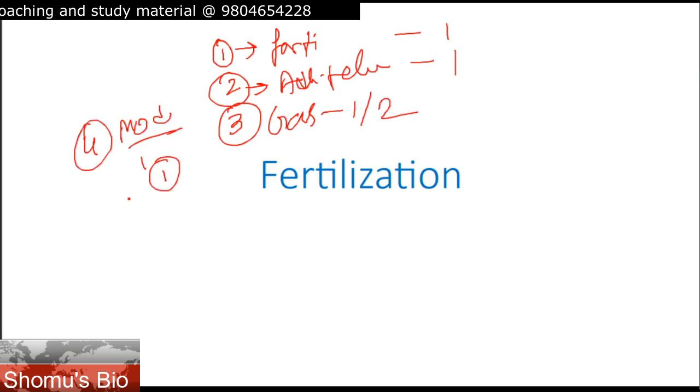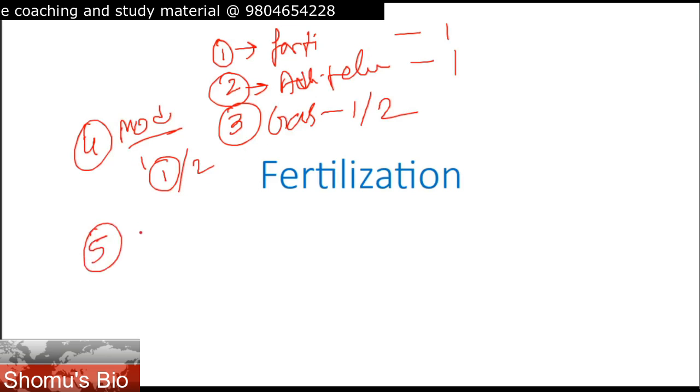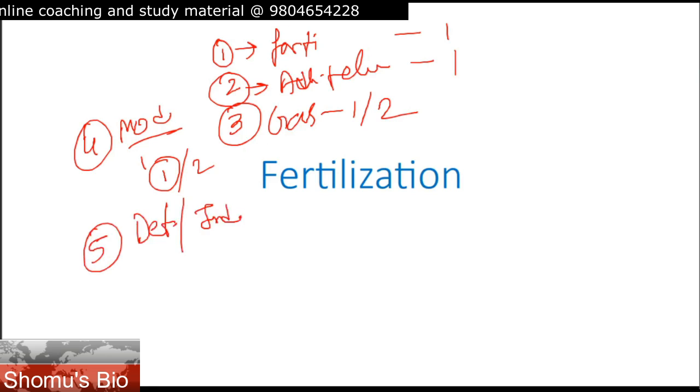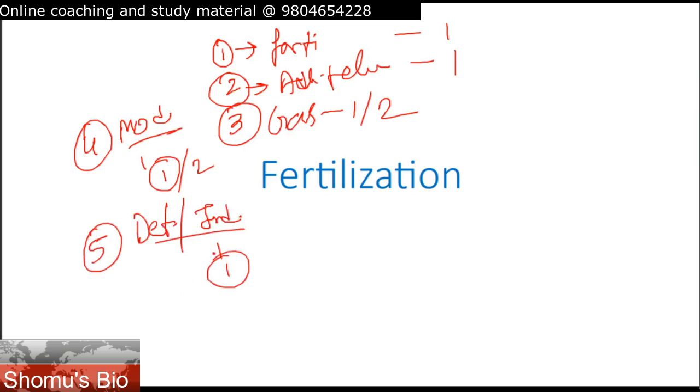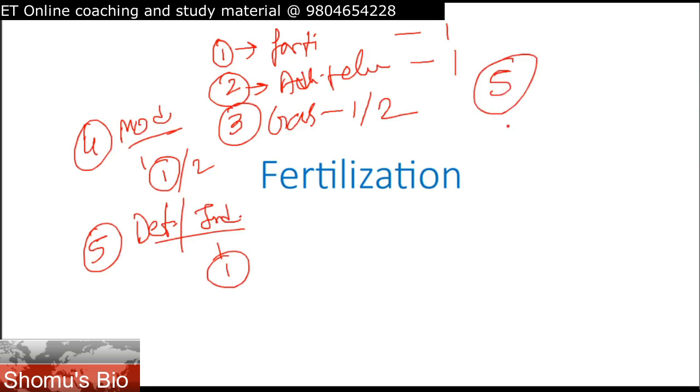You can also get a question from the determination process or induction process at the end, one question from there. So almost 5 questions you will get from the animal part of this developmental biology. So again, while you're preparing, these are the sub-unit distribution of the questions that you will expect from unit 5.